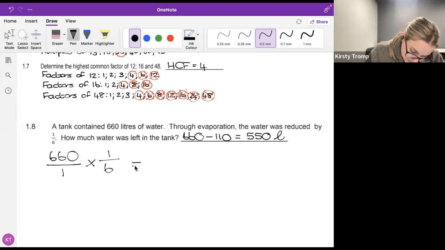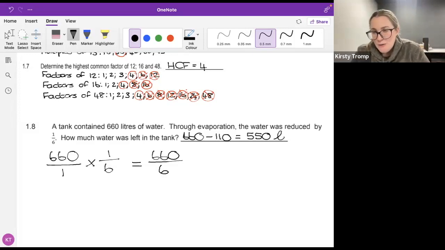So now I'm going to times the tops. So 660 times 1 gives me 660. Good. And 1 times by 6 gives me? 6. Good. And now, what does over actually mean? What is that line in a fraction? Does it mean divide? I think it means divide.